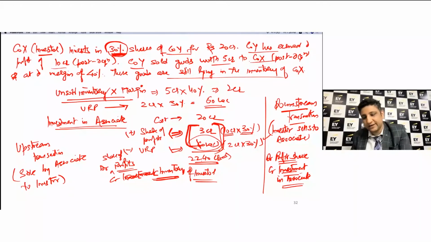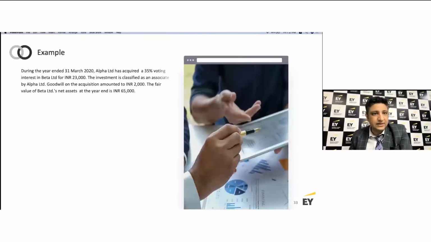But here, the treatment is to be seen from the share of profit, 30% share, 40% share, 25% share. So that kind of distinction is required to be made. Only a portion of the unrealized profit needs to be cancelled out or eliminated in this particular case.